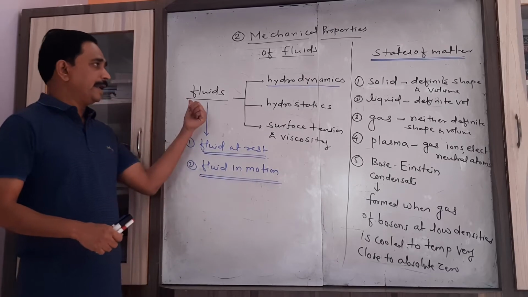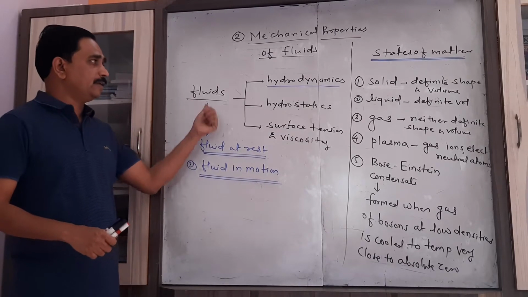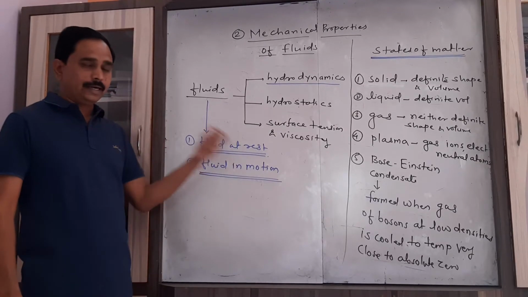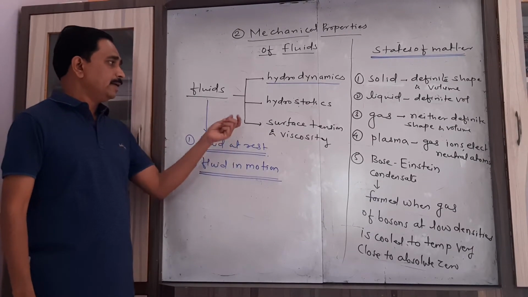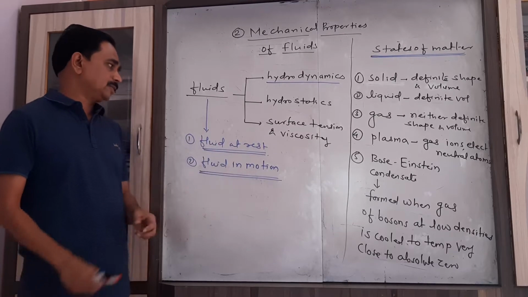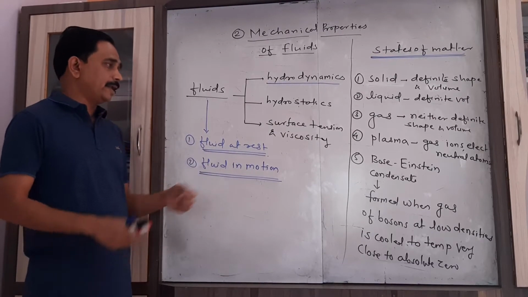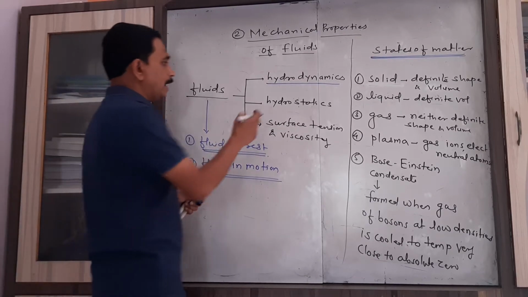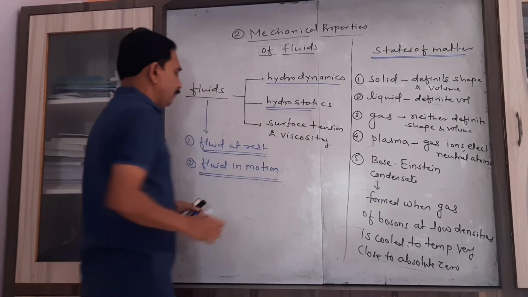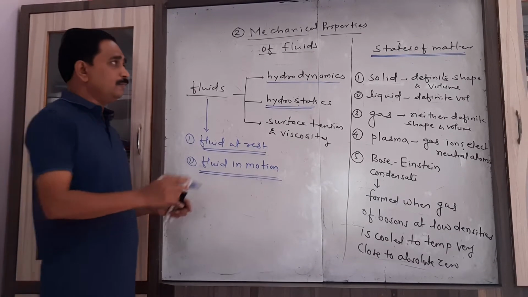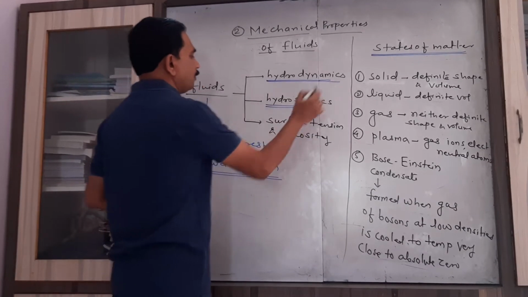Now here I write fluids. We have to study the fluid in these three parts. That is hydrodynamics, hydrostatics, and surface tension and viscosity. Now when we study the properties of fluid at rest, it is called hydrostatics. When we study the properties of fluid which is in motion, it is called hydrodynamics.